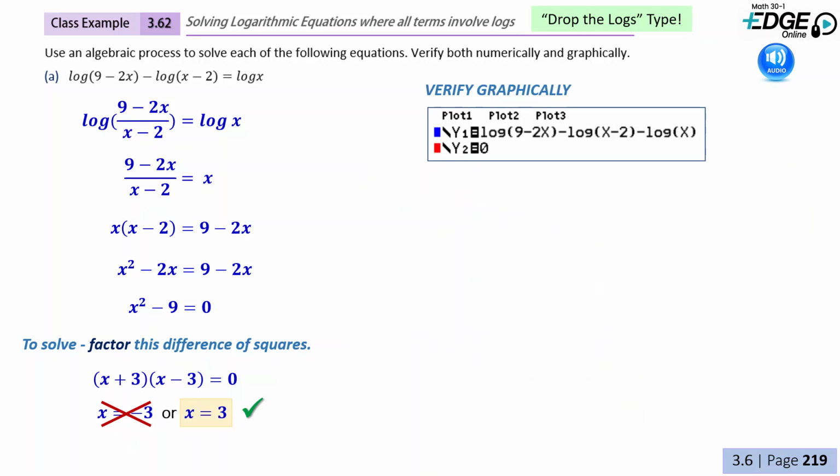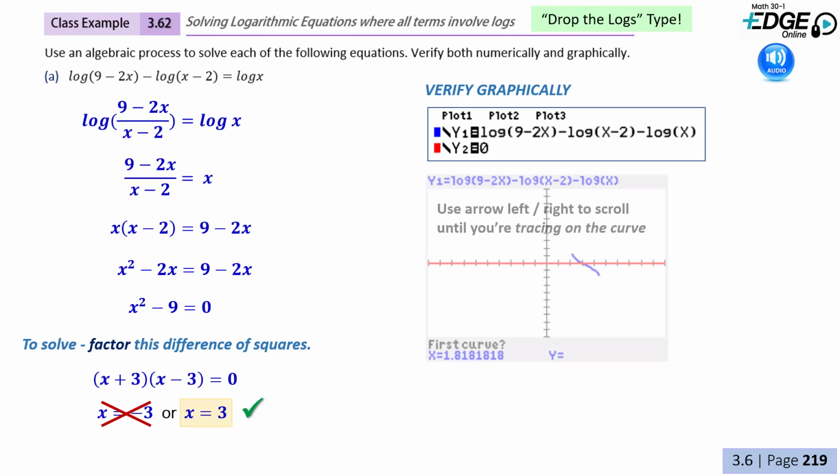Now let's verify graphically. In this case, we brought the log x over to the left side of the equation and set our y2 equal to 0. Now in this case, it might act a little different than what you're used to. Most of the time it would already be on the first curve, but that might not be the case.